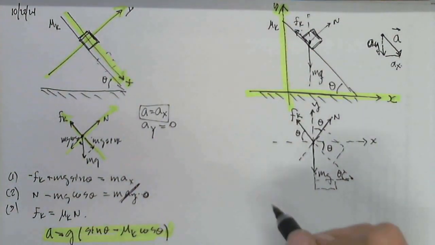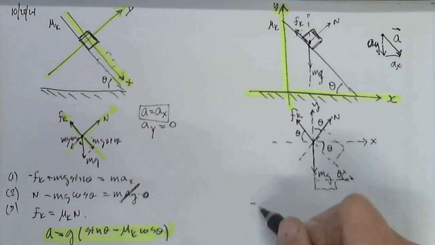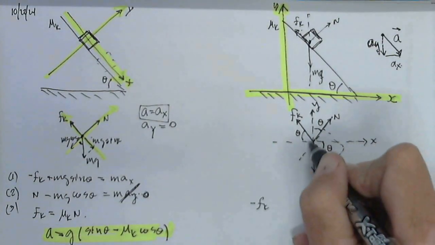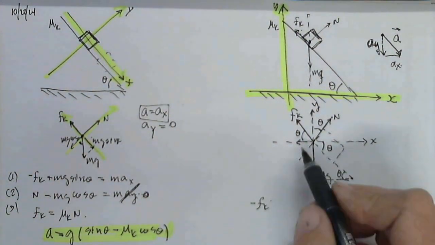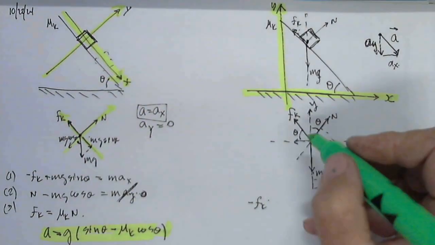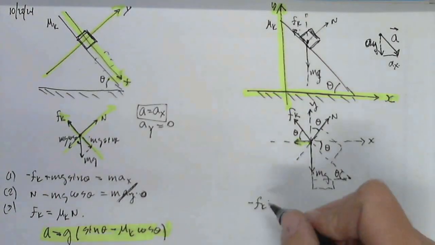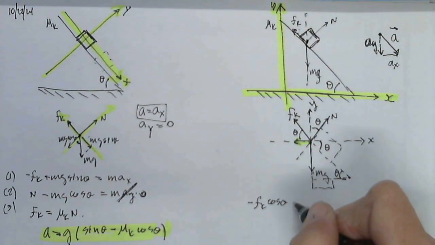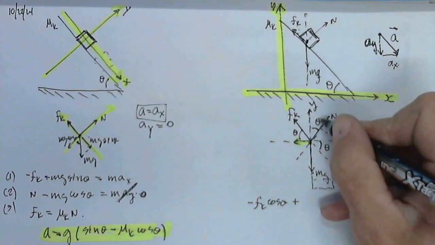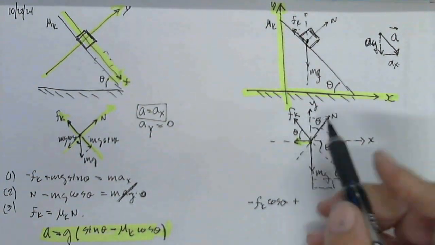So the equations are going to be Fk cosine of the angle, this piece over here, and plus n sine of the angle, this piece over here.